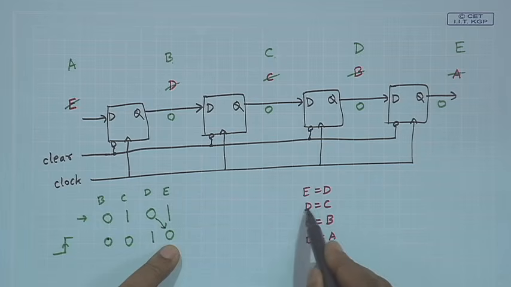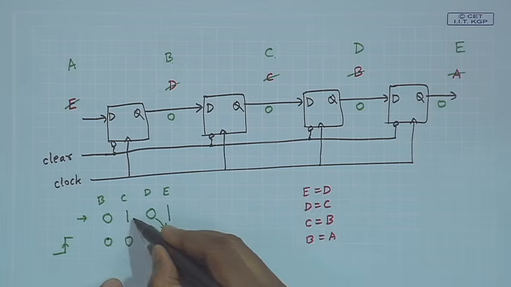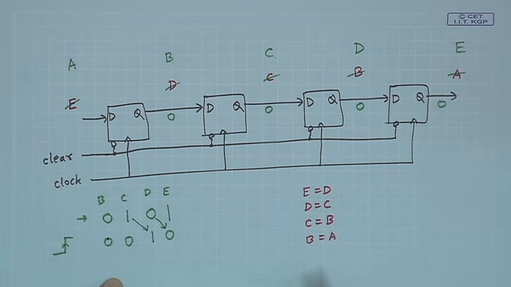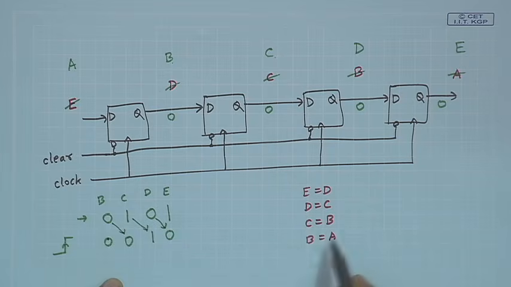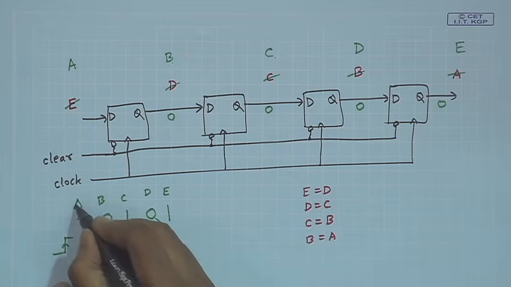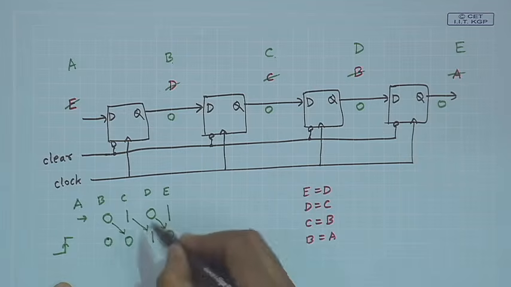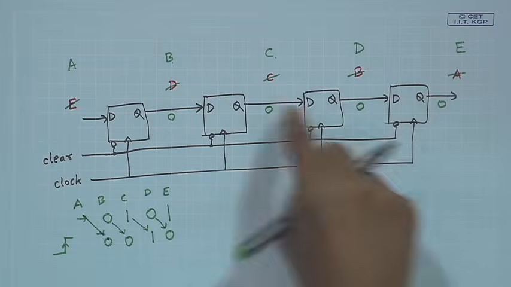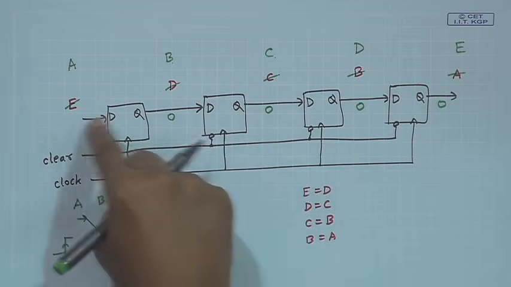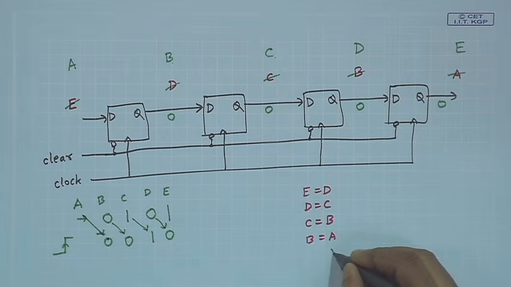Then whatever is in C goes to D, whatever is in B goes to C, then A is the input from outside, A goes to B. So, first you are shifting this, then this, then this, then this. This is the correct behavior of a shift register.